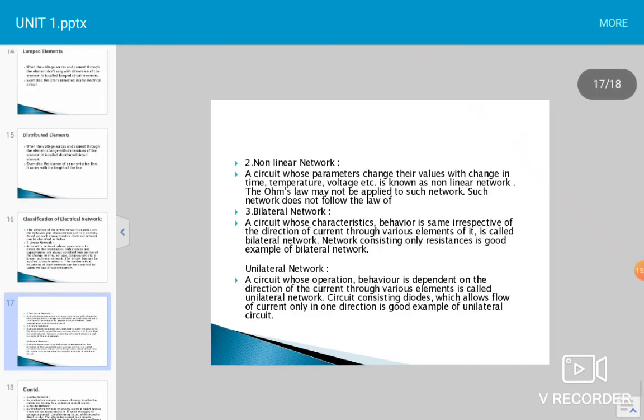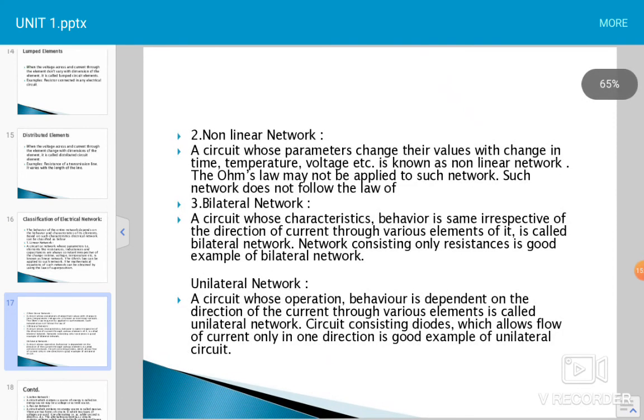Similarly, this is the non-linear network. A non-linear network means it doesn't obey Ohm's law. Whatever you change in the current, the voltage does not change proportionately. That means it does not obey any law, either the superposition theorem or Ohm's law.